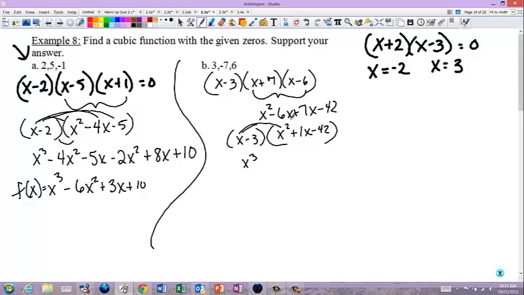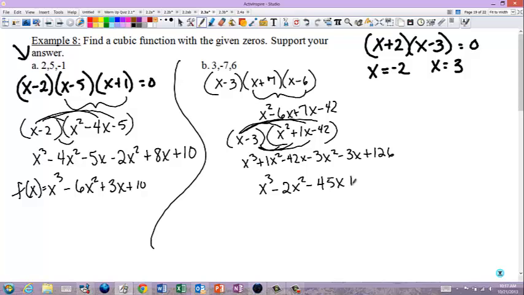That's x cubed plus 1x squared minus 42x, minus 3x squared, minus 3x, plus, I don't know, 126? 3 times, should be right, maybe. So x cubed minus 2x squared minus 45x plus 126, and that's f of x equals.